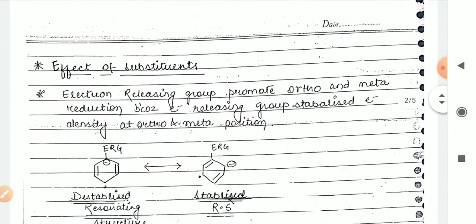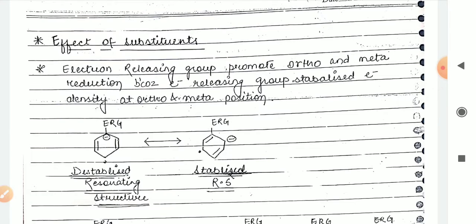Effect of substituents. How does a substituent present on the benzene ring or other aromatic ring affect the reduction? An electron releasing group promotes ortho and meta reduction, because the electron releasing group stabilizes electron density at the ortho and meta positions.